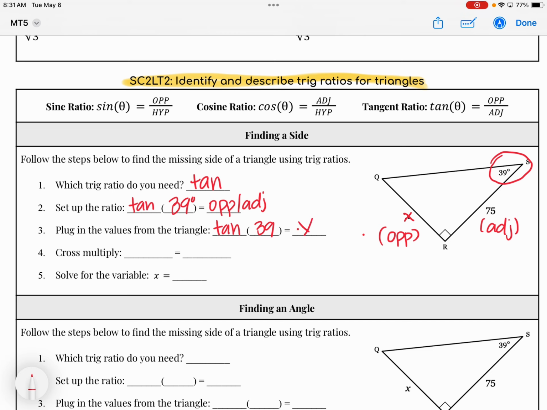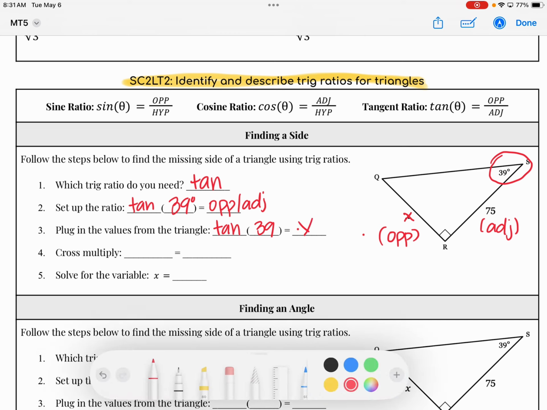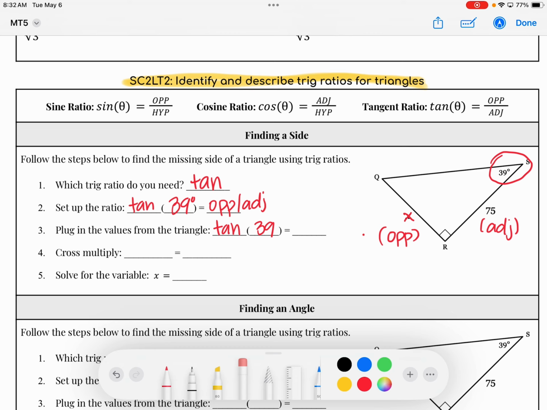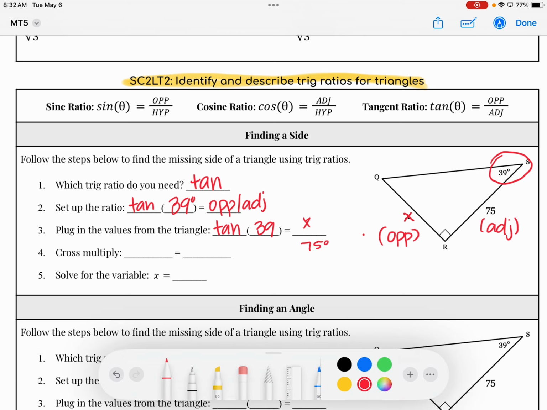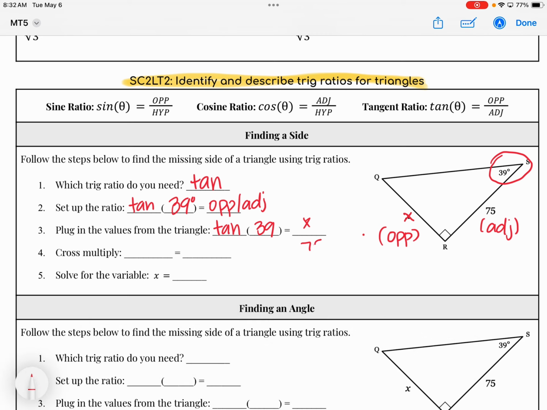X. Oh, that's an ugly X, my apologies, that looks more like a Y. X over, what's our adjacent? 75. So X over 75. From here we're going to cross multiply to figure out what our X value is going to be.